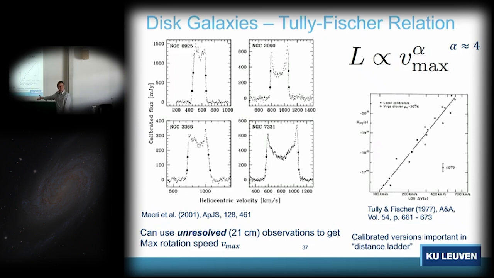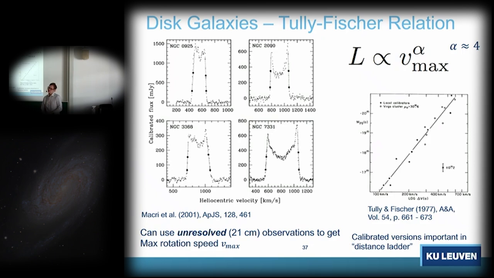And why is that? Well, if you take the observations, you get the maximum speed. From that maximum speed, you can directly read off the intrinsic luminosity or absolute magnitude of this galaxy.